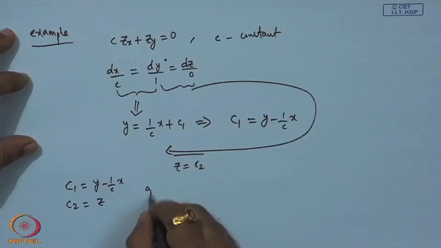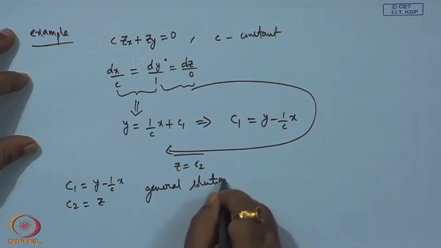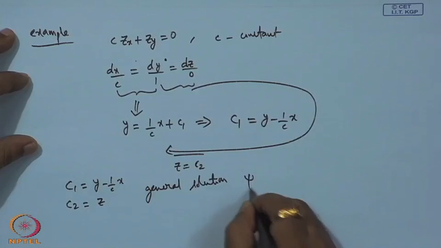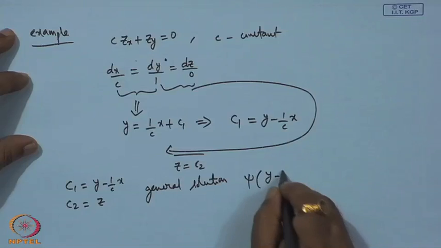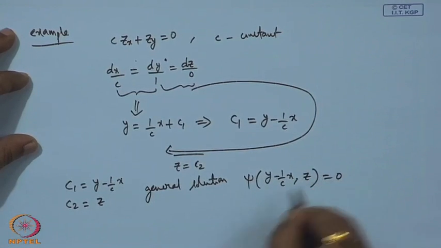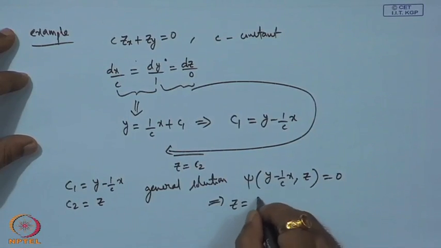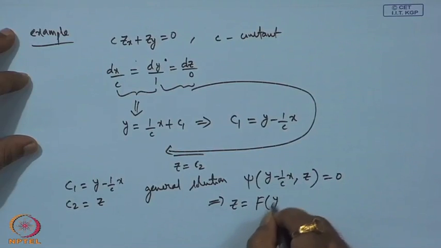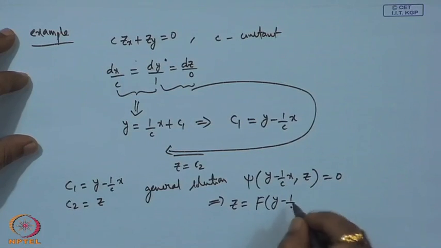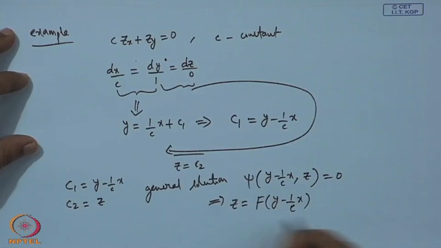Okay. So, we have C 1 equals to, right, then the general solution is psi of, okay, or otherwise z equals to some function of, we can write, okay.